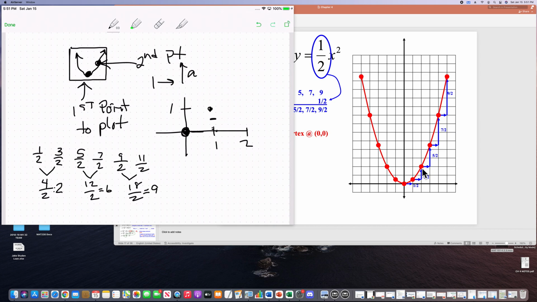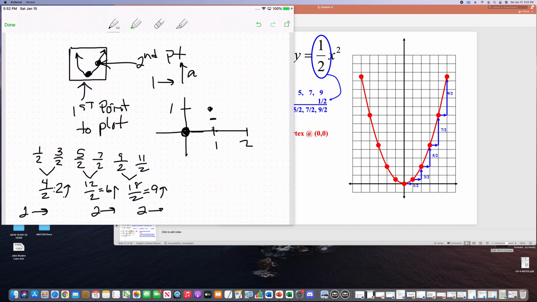But the key is that's how far we're going up. But that's 2 to the right, up 2. 2 to the right, up 6. 2 to the right, up 9. So if they don't give us the ability to plot halfway on the grid, then this is how you can, this is your workaround.